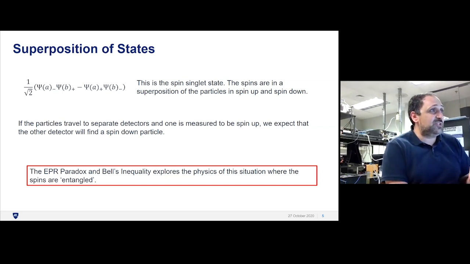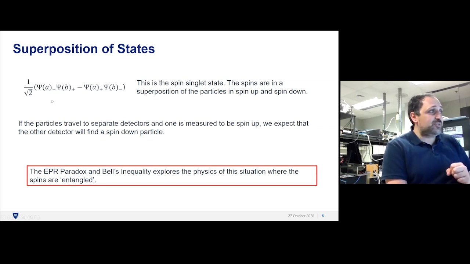What that means in this case, say we have a spin up or a spin down, is that there's a certain probability that the first particle is spin down or spin up, and the probability that the other particle will be spin up or spin down. And then this is a wave function itself made up of littler wave functions. And this is how you would describe that situation.